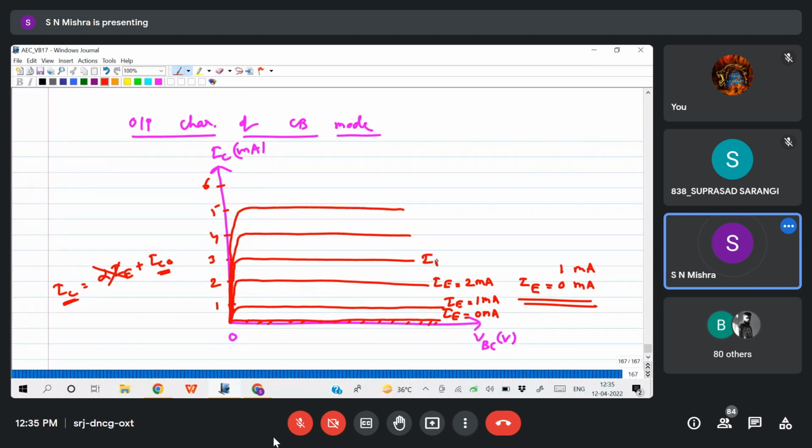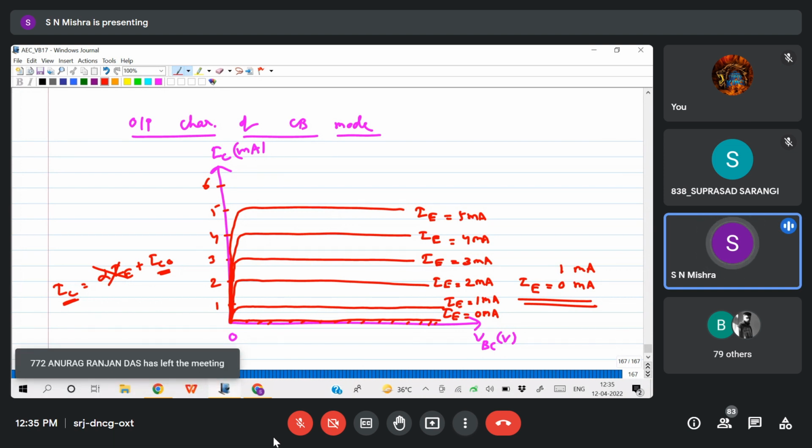Similarly, all the graphs you can plot. IE 3 milliampere, IE 4 milliampere, IE 5 milliampere. Like that you can increase. So this is your output characteristics. Understood?